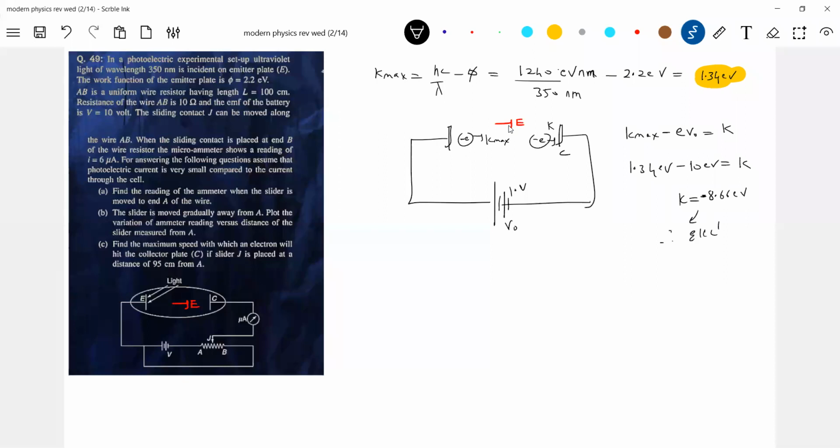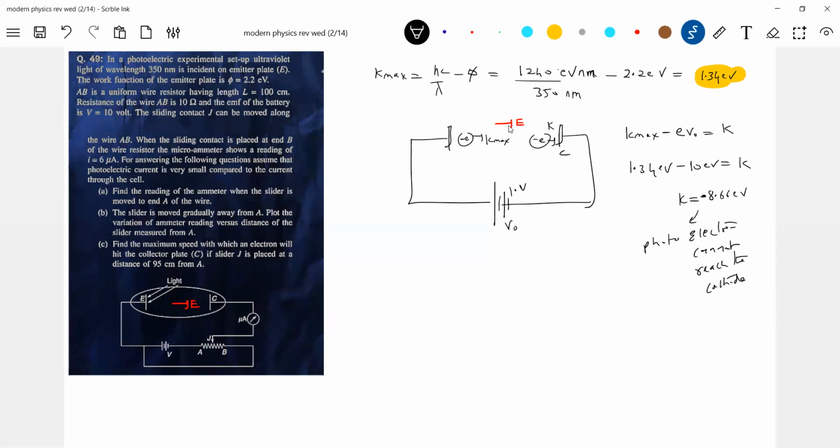Therefore, the ejected photoelectron cannot reach the cathode. So what should be the current? It will be 0.